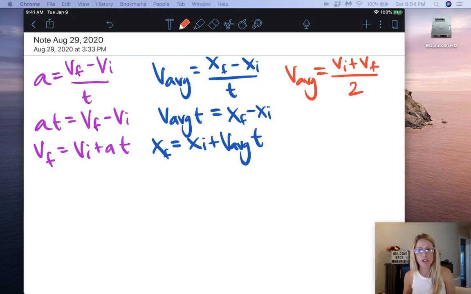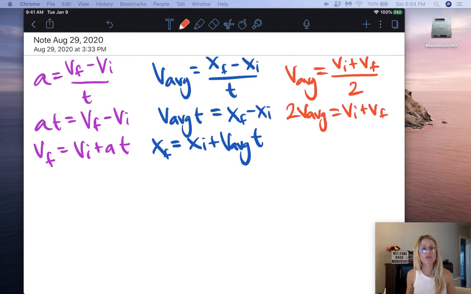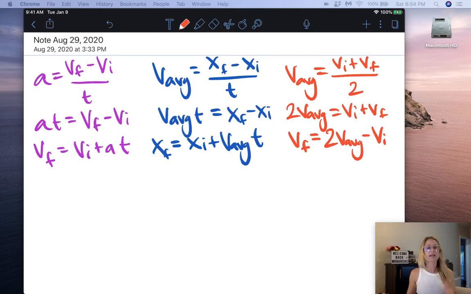So I'm going to multiply both sides by 2. I get 2 times the average velocity is equal to initial velocity plus final velocity. And then I'm going to subtract initial velocity from both sides. So I get final velocity is equal to 2 times the average velocity minus the initial velocity, okay?